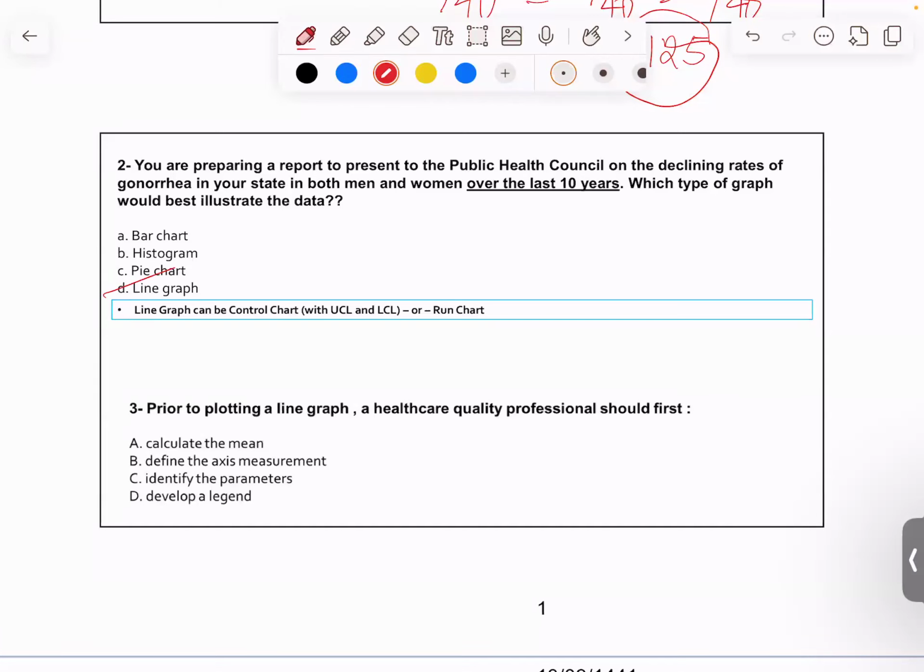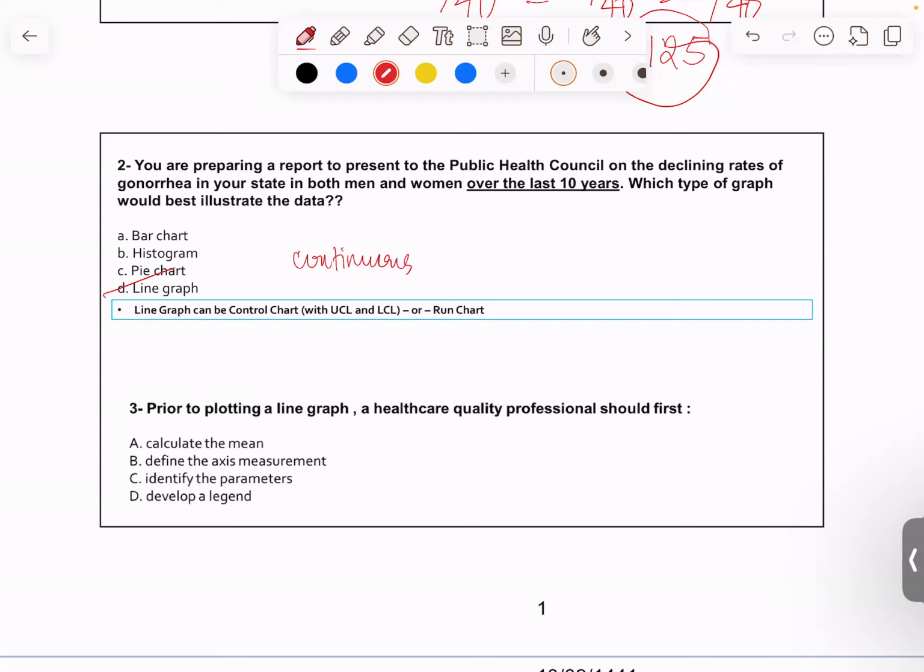Very good, Radha. Okay, here you are preparing a report to present to the Planning Council about orientation courses that haven't been held over the past year. So now anything that tracks data over time needs what kind of graph? It's a continuous. Okay, so which graph should we use?